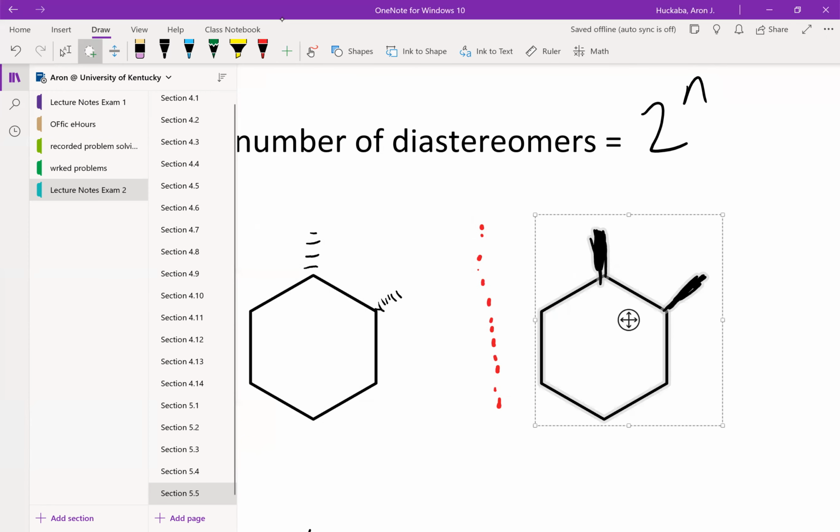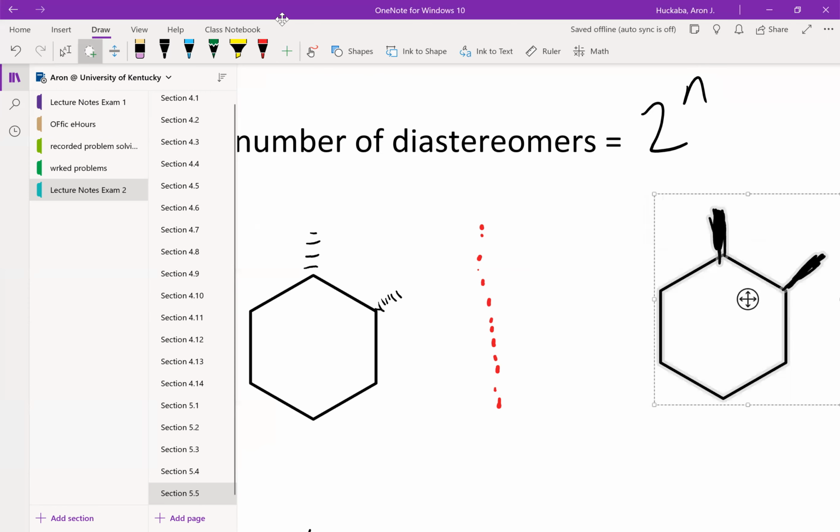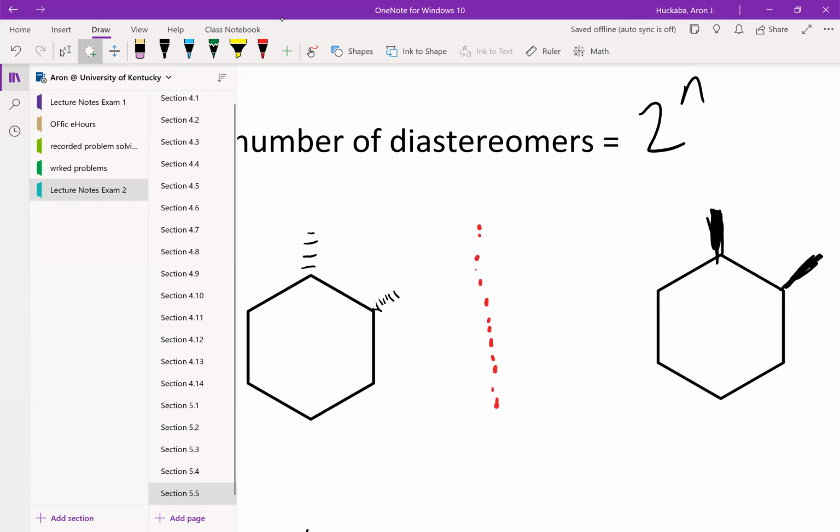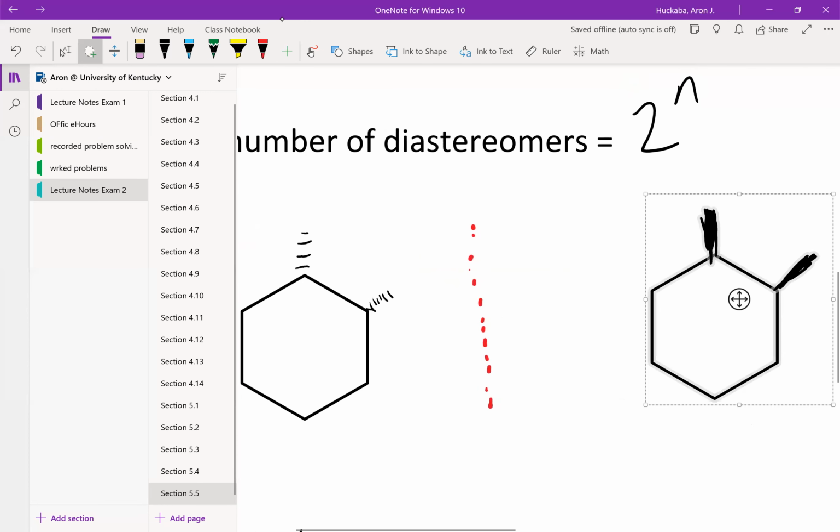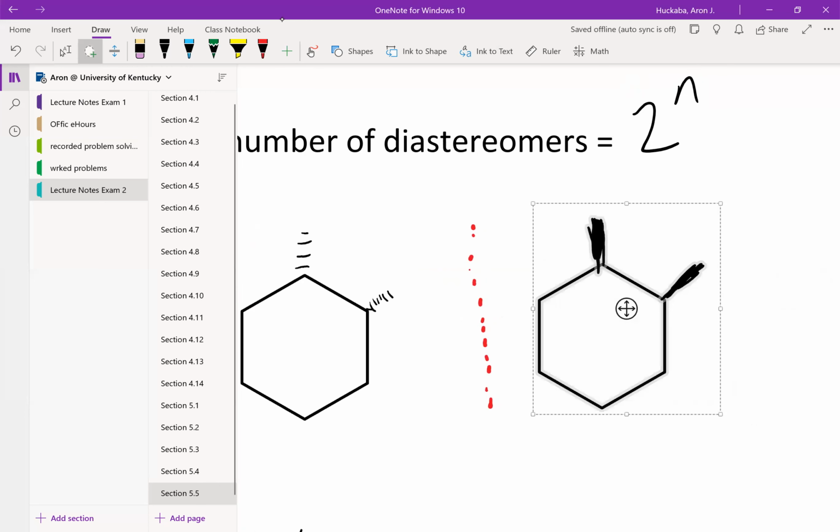Or are they? Because what if instead of doing that, what if we now flip this molecule over? What if we redraw this? What if we act like we're flipping a pancake?